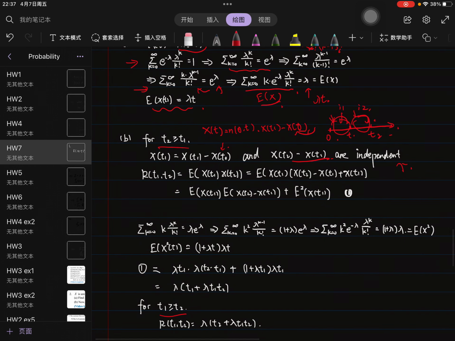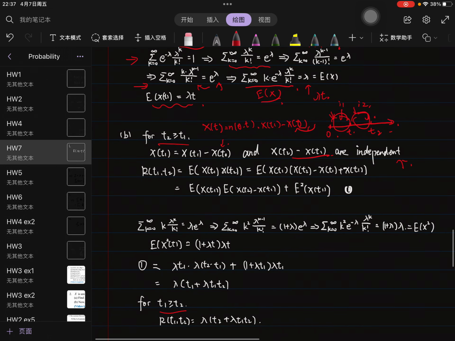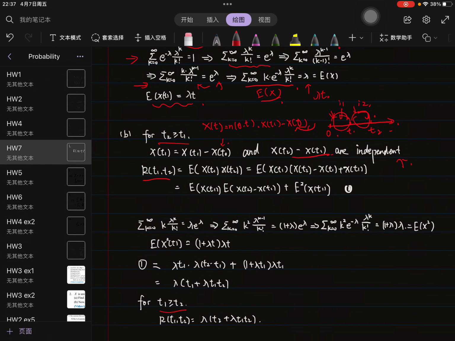We could use the formula: this equals the expected value of X(t1) times X(t2), and X(t2) we can write as X(t2) minus X(t1) plus X(t1).